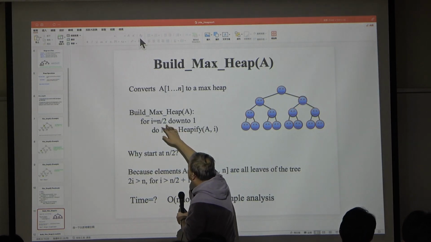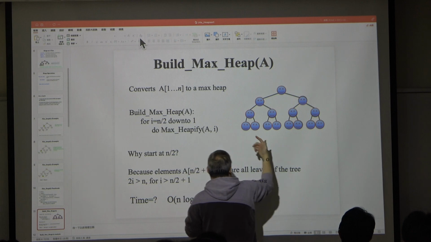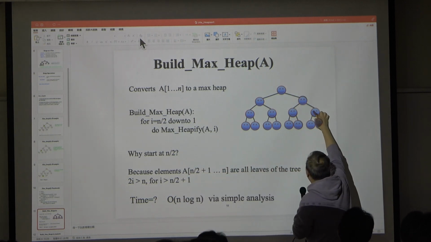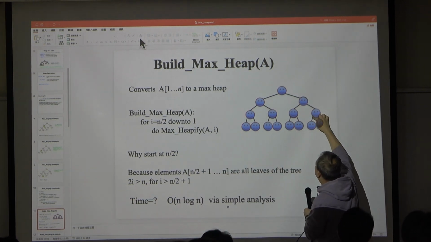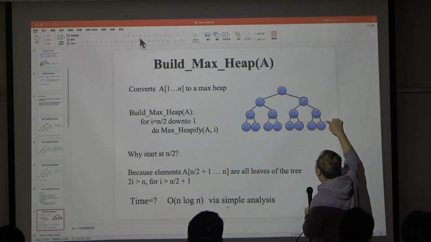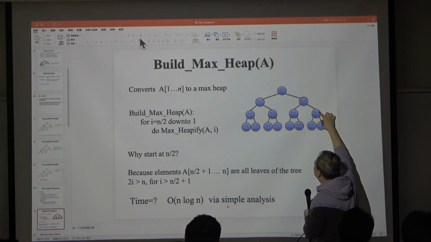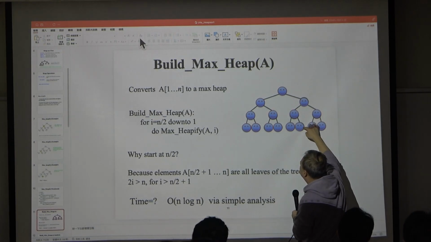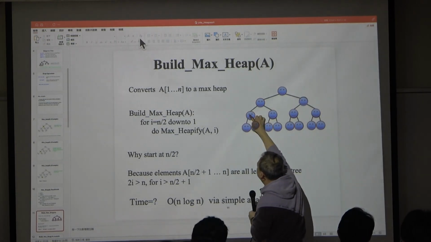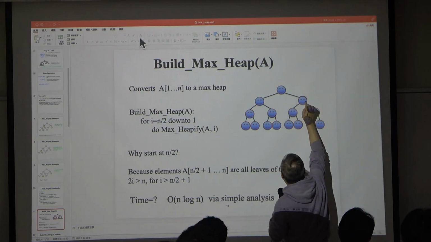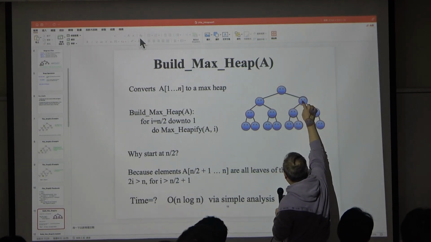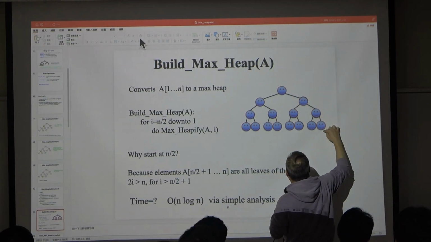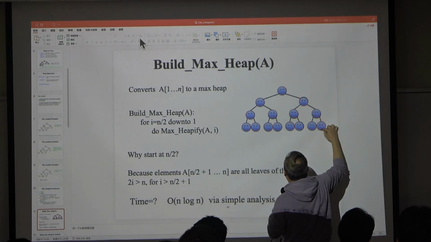Okay, and then in other words, it's kind of like this. We start from here, we correct it, make this part a max heap, and then here we correct it to make this part a max heap. Correct this one, and then correct. And when we get to this point, everything below has been corrected.